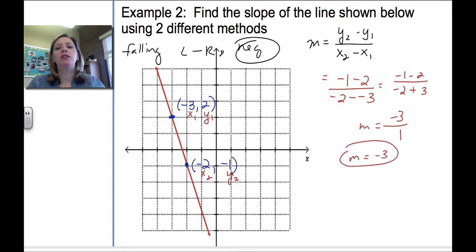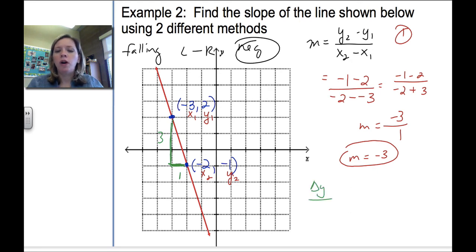Perfect. So we had to find this two different ways. I did it one way using the slope formula. The other way we can do it is by looking at the change in the y values compared to the change in the x values. Now I can see that my y values are 3 units apart here. I can see that my x values are 1 unit apart.